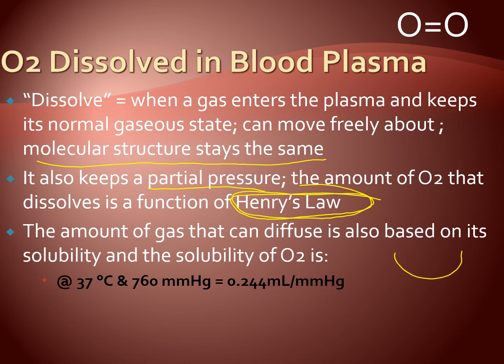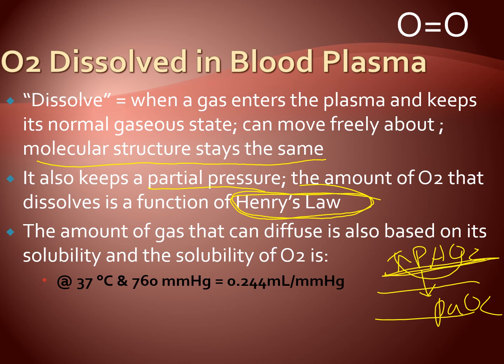What does Henry's law say again? Well, I'm glad you asked, because remember, the more pressure we have over here on one side, the more will diffuse into the bloodstream. So if we increase P big AO2, right, we're increasing the diffusion ultimately into our plasma, right?